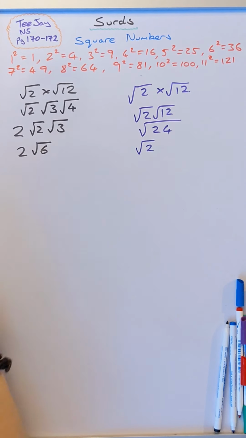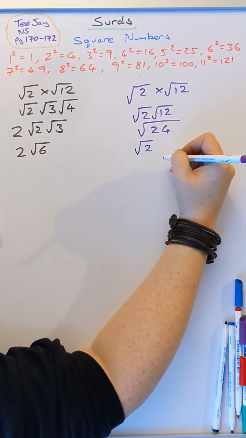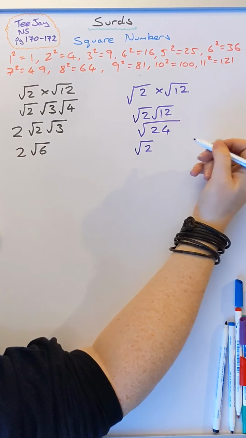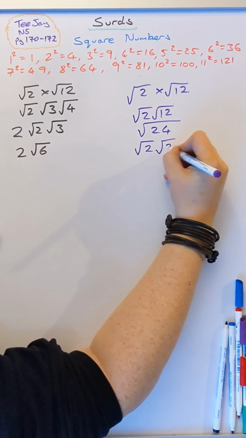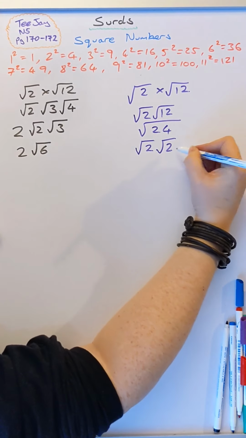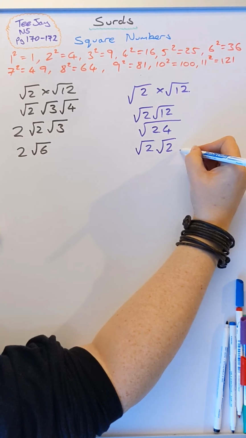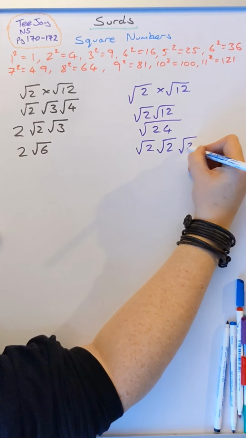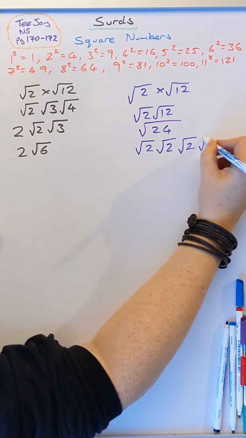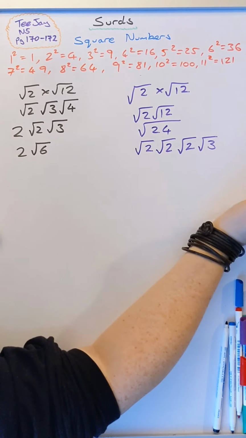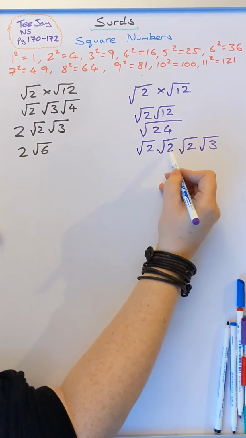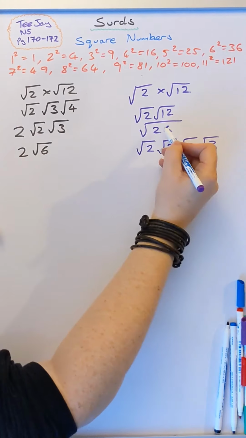So we've got the root 2 there. So it's 2 times 12. 12 is also an even number. So 2 times 6. 6 is also an even number. 2 times 3. And there we are. 2 times 2 times 2 times 3 is 24.